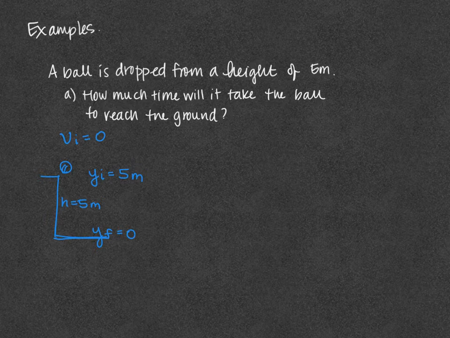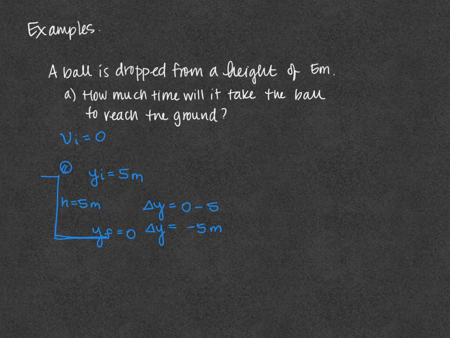So this makes our change in position final minus the initial negative 5 meters. So I know that delta y is negative 5 meters.